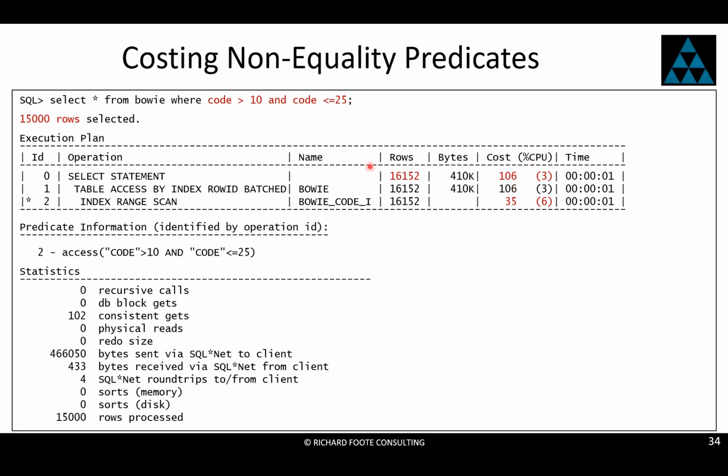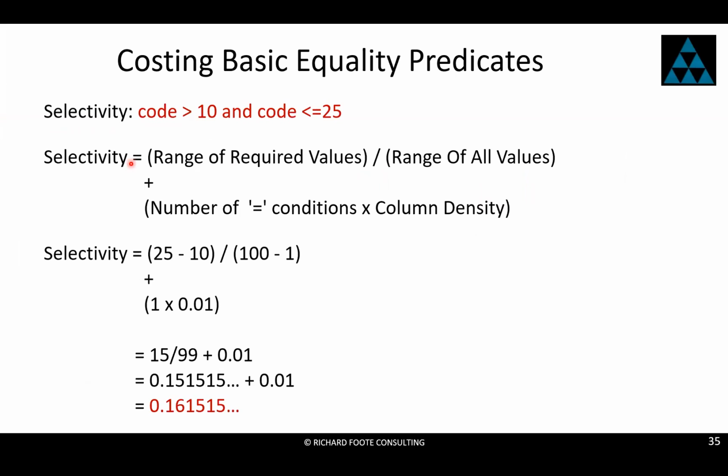So where did these numbers come from? Note, by the way, the numbers are close, not perfect, but pretty close. 16,000, 15,000, it's in the right ballpark. The first thing that Oracle always has to do is calculate the selectivity. This is why the number of distinct values and the minimum and the maximum are so critical, because I always have to work out what percentage of the rows this is. So how many numbers are there?